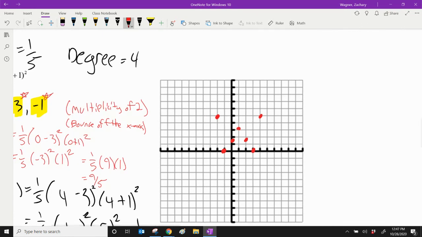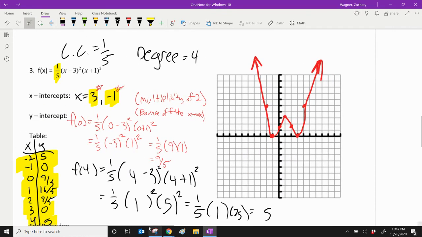Up and up looks like this. Just match them up. We're going down, down, bounce at these zeros because of that multiplicity of 2. Bounce again. Does not go through it. There will be no negative outputs for this. Thank you very much and have a great day.